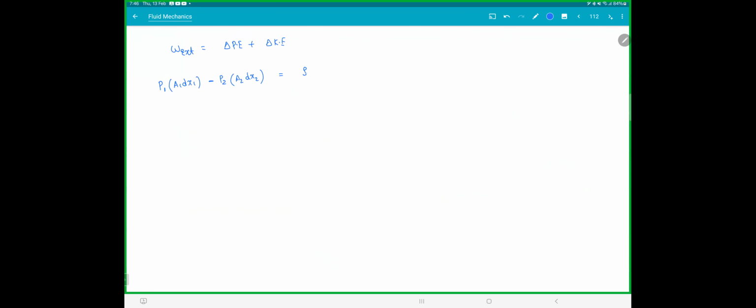This would be rho A1 dx1 g h2 minus rho A1 dx1 g h1 plus half m v2 square minus v1 square.